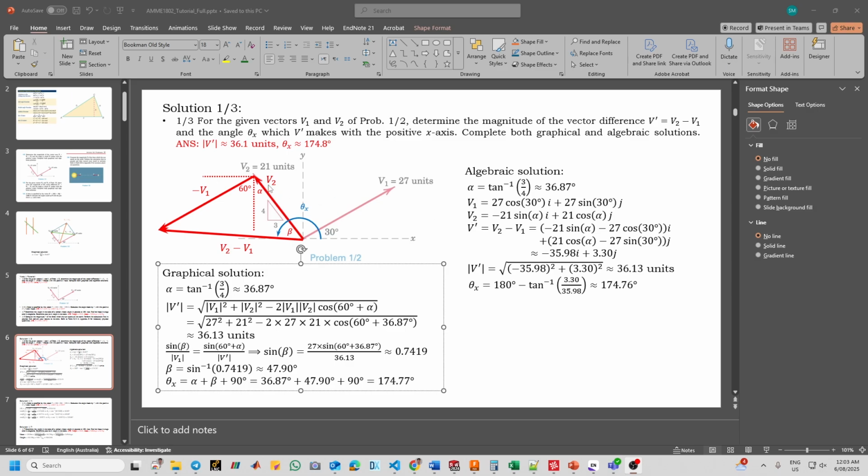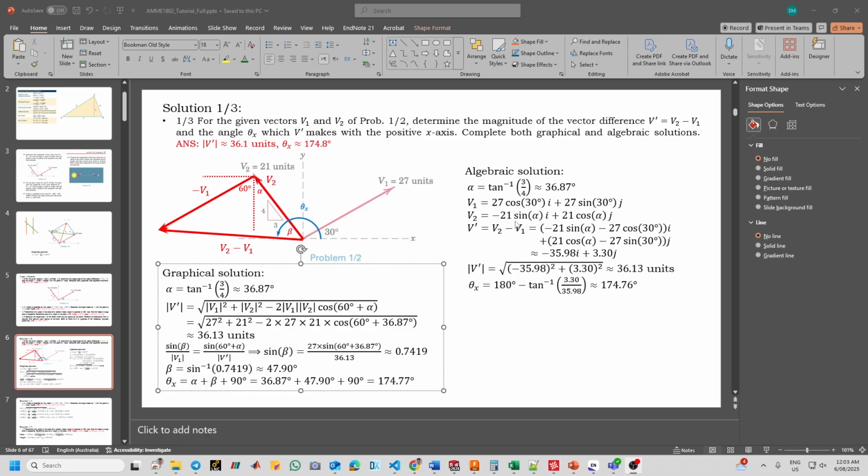And for v2 we do the same. We need to find the angle between v2 and the positive x-axis, which is equal to 90 plus this angle, and you can use the same formula.